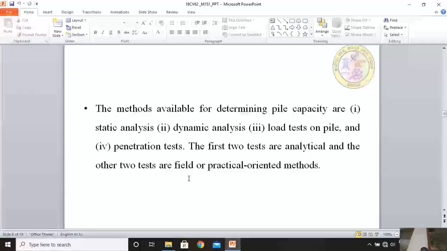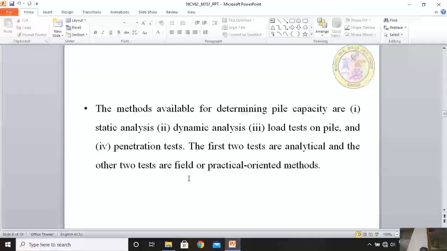Here there are four methods. One method is static analysis, the second is dynamic analysis, the third is load tests on pile, and the fourth is penetration tests. The first two are analytical and the other two are field or practically oriented methods.